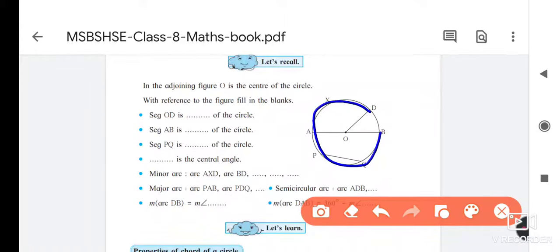It is given in that way. So what is its answer? As you know, this is the central angle for this arc DAB.